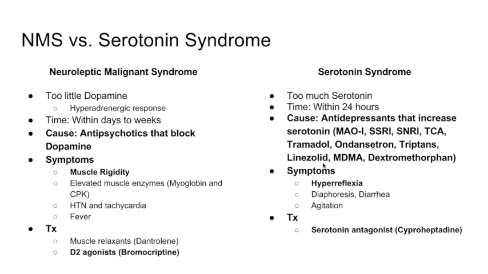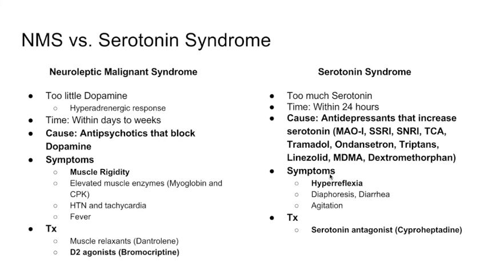We talked about it in the antibiotic section. It's a protein synthesis inhibitor, and it also has a monoamine oxidase property. MDMA, which is ecstasy, increases serotonin. And lastly, dextromethorphan, like the cough medicine that we buy over the counter, can also increase serotonin. So really, any medication that increases serotonin can cause serotonin syndrome.